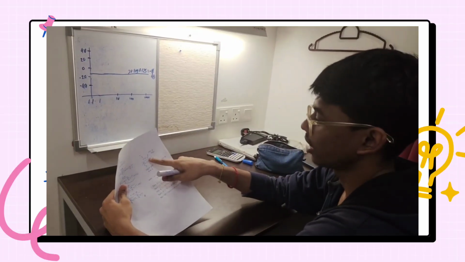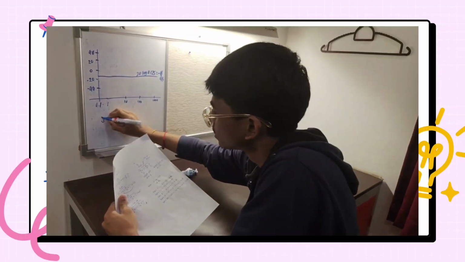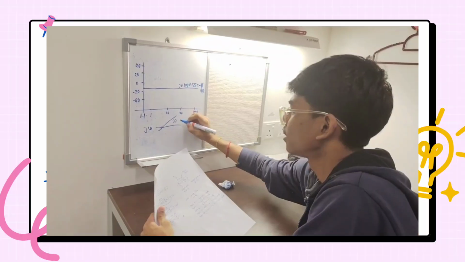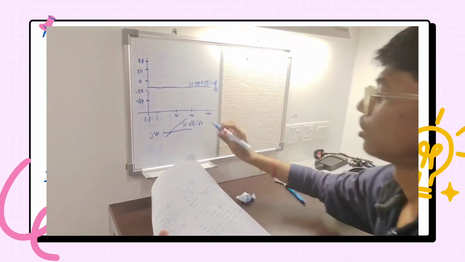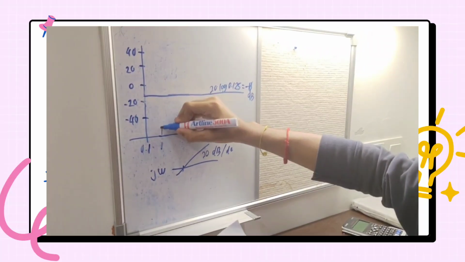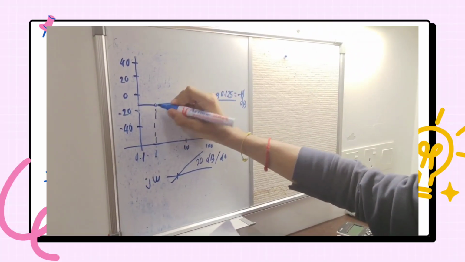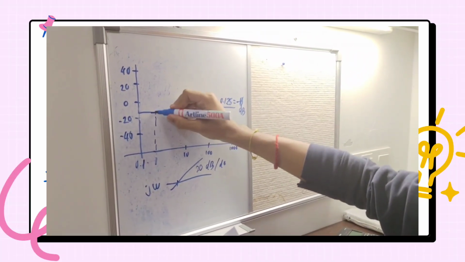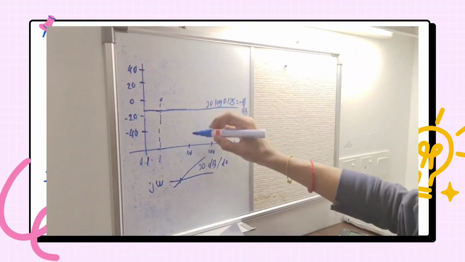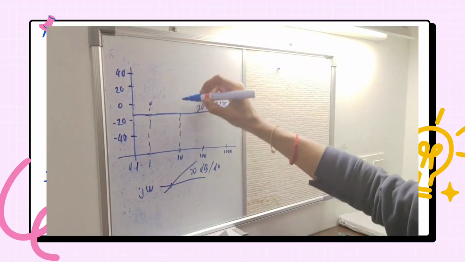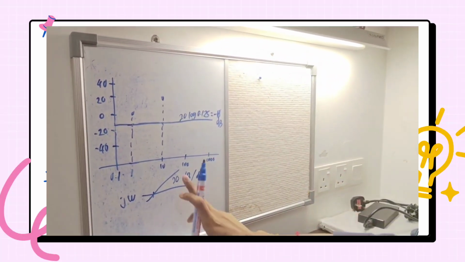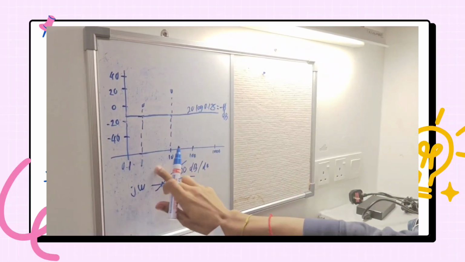Then we have j omega, which is a zero at origin. J omega increases at 20 dB per decade. So we have only one j omega, so we plot at 1, then at 10, then at 20, an increase of 20 dB, because it is 20 dB per decade.